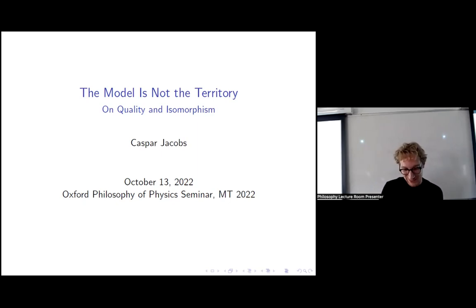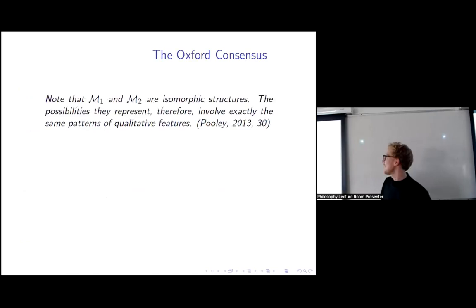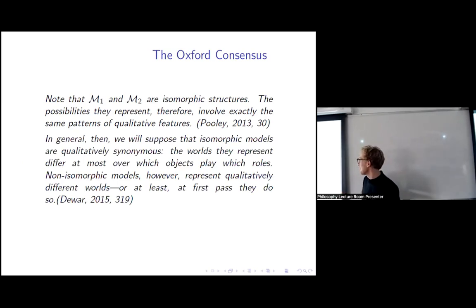So what is this thing that everyone says? Well, it's the Oxford consensus. Ollie, for example, says, note that M1 and M2 are isomorphic structures, the possibilities they represent, therefore, because they're isomorphic, involve exactly the same pattern of qualitative features. Neil Dewar, part of the Oxford consensus, says, in general, then, we will suppose that isomorphic models are qualitatively synonymous.